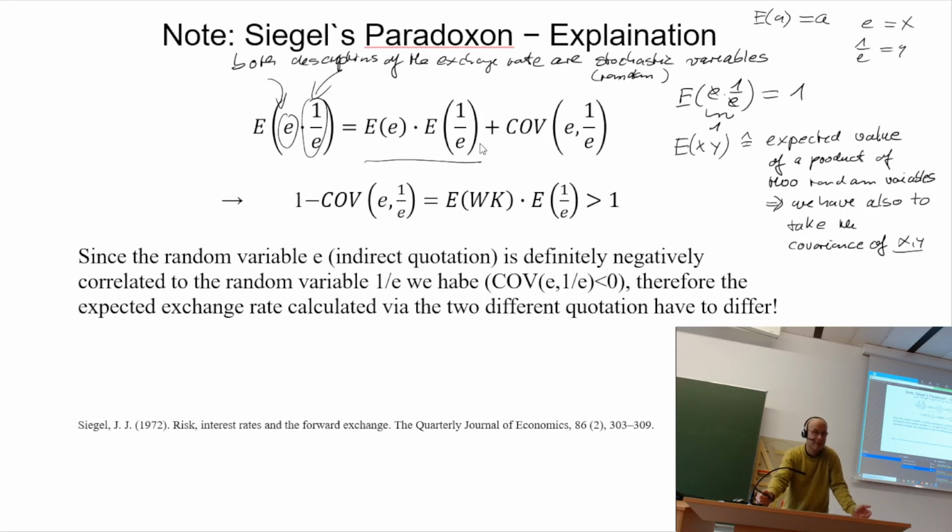But of course, we have the exchange rate and we have 1 over the exchange rate. And of course, these two variables have to be correlated, because if the one goes up, the other one has to go down. So there is a definite dependence between these two variables. So the covariance cannot be zero.